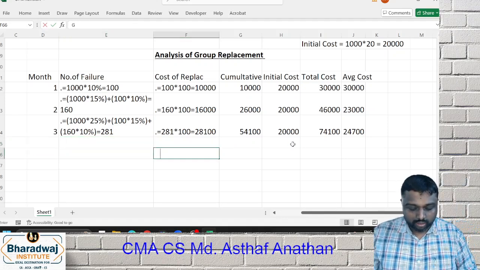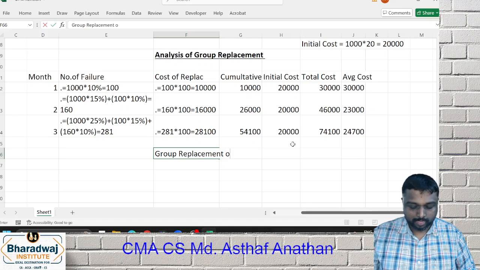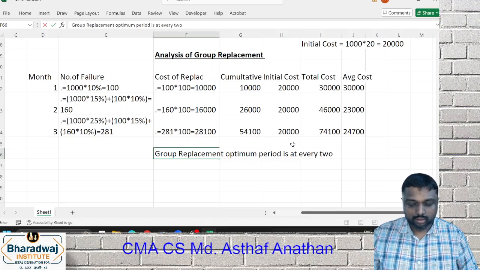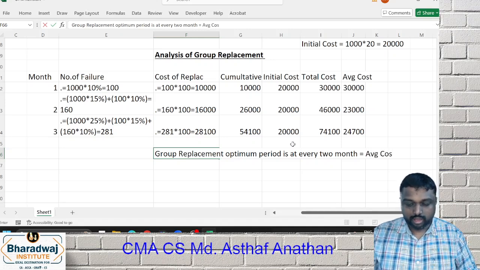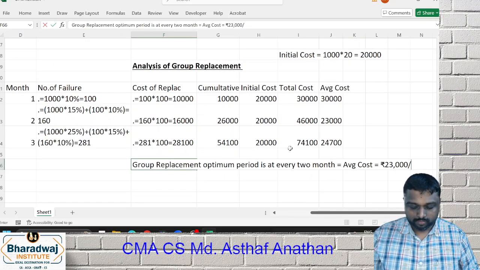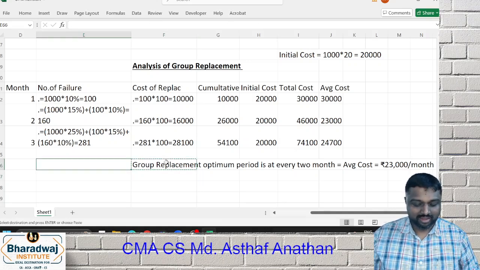So we can take group replacement, optimum period is every 2 months. And average cost is 23,000 per month.